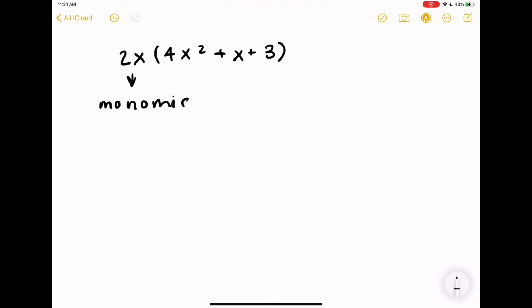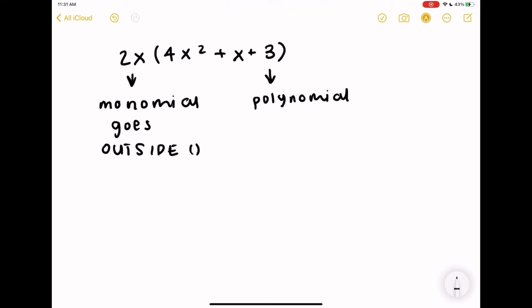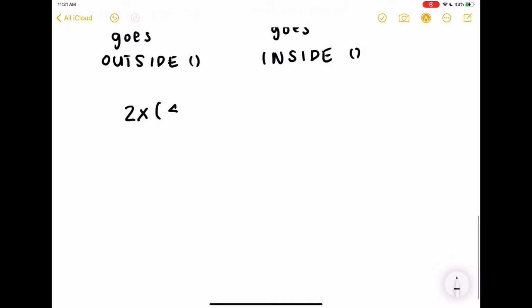This is really important because we are using a certain property called the distributive property, and it's easier to use when you have parentheses.